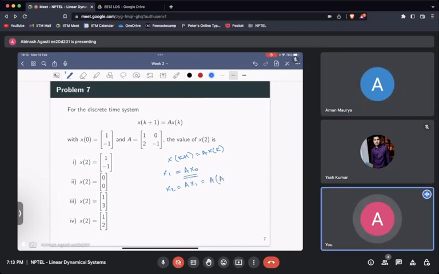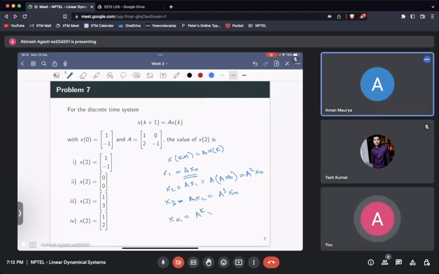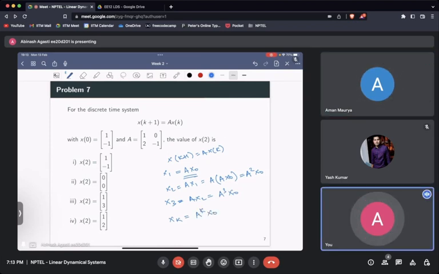This is A x naught, so this is A squared x naught. Similarly, x3 is A x2, which is A cubed x naught, right? So likewise, we can write x of k for any k as A to the power k x naught. Even though we need to find the kth power of A, this succinctly describes the entire process in one equation.